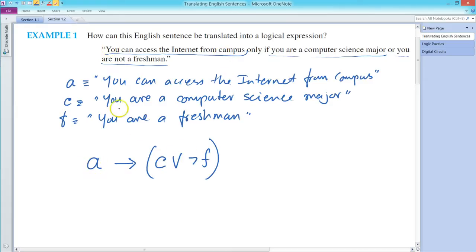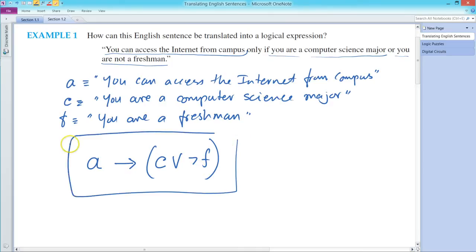Either you are a computer science major or you are not a freshman. So this logical statement precisely represents the English sentence that is given in example 1.